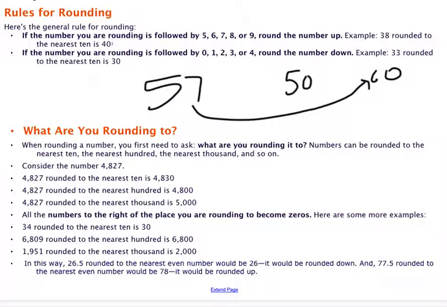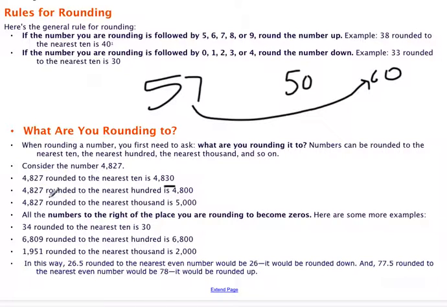So if we look at 4,827, if I round it to the nearest 10, which is this number right here, I want to know if I'm going to be rounding it to 4,820 or 4,830, because this is the number I'm looking at. So I am going to round it to 30.